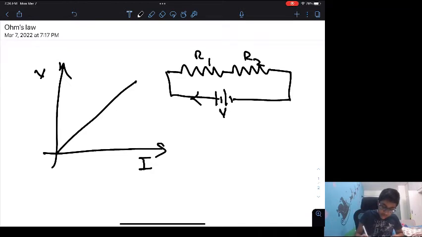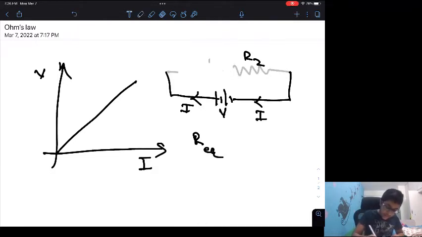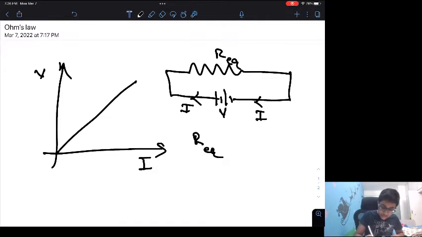Now we have our potential difference V set up, we have a current set up, right? The equivalent resistance, right? So imagine replacing these two resistors R1 and R2 with a single equivalent resistor, I like to call it R sub equivalent, which is just going to be equal to R1 plus R2.